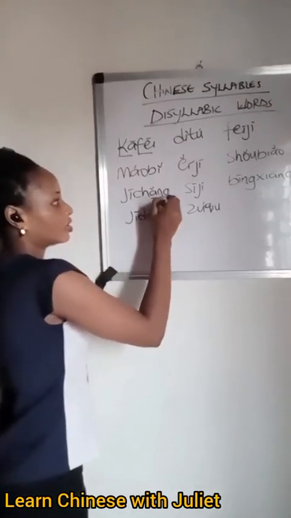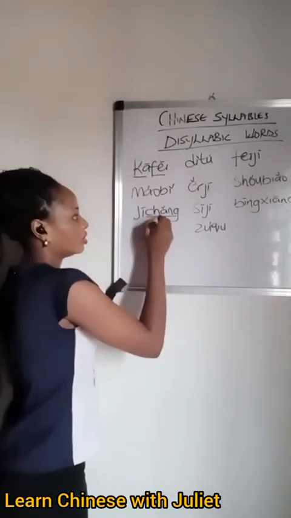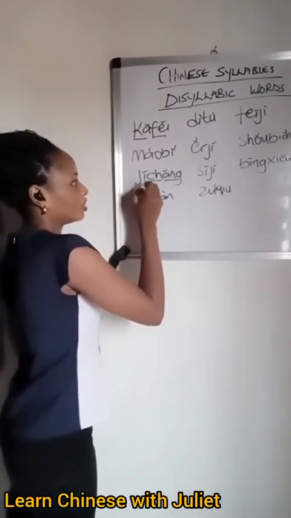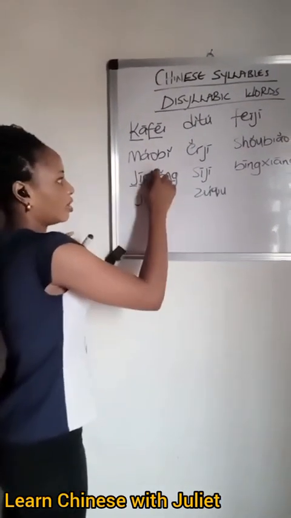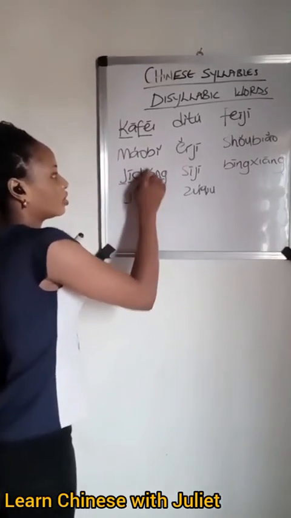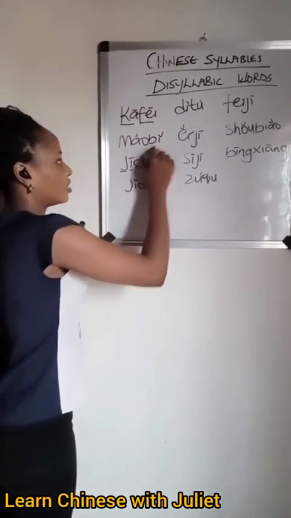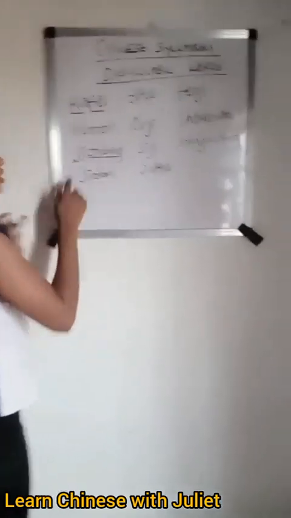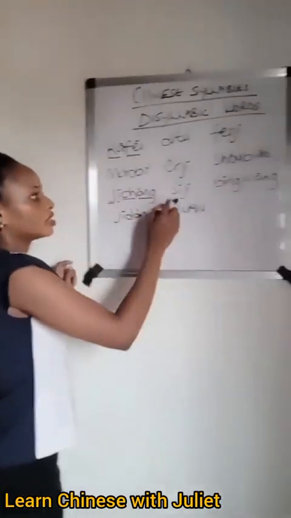Remember that this is the nasal finals. This is an initial, this is an initial, and this is the final. So remember, two syllables. The first one has the falling and the rising tone, and this one the flat tone.